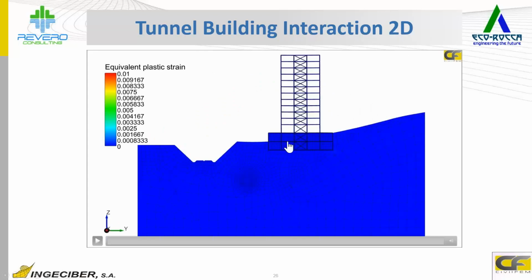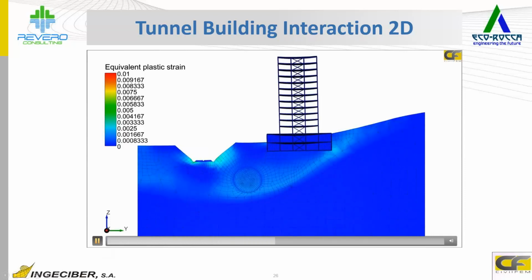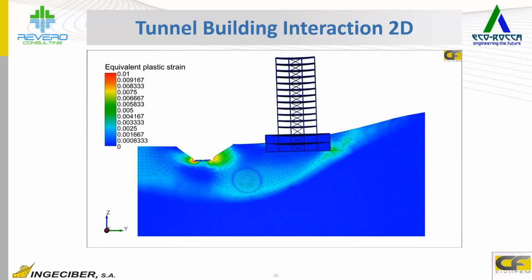Also, we have in 2D, you can see how the plastic strain would develop in a cross section and how our building will tilt and the zones where the failure would occur.